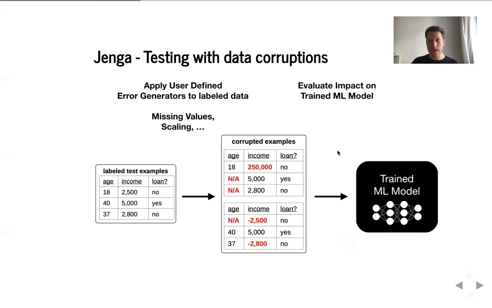It might be hidden behind a cloud API. This is a use case that we addressed in the SIGMOD paper that I mentioned earlier. So we just try to make it as easy as possible for you to apply corruptions to test your pre-trained opaque machine learning model.